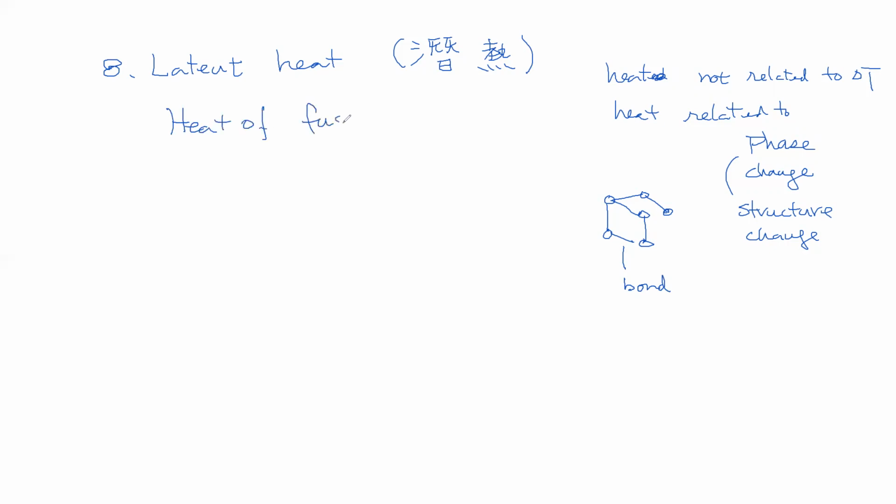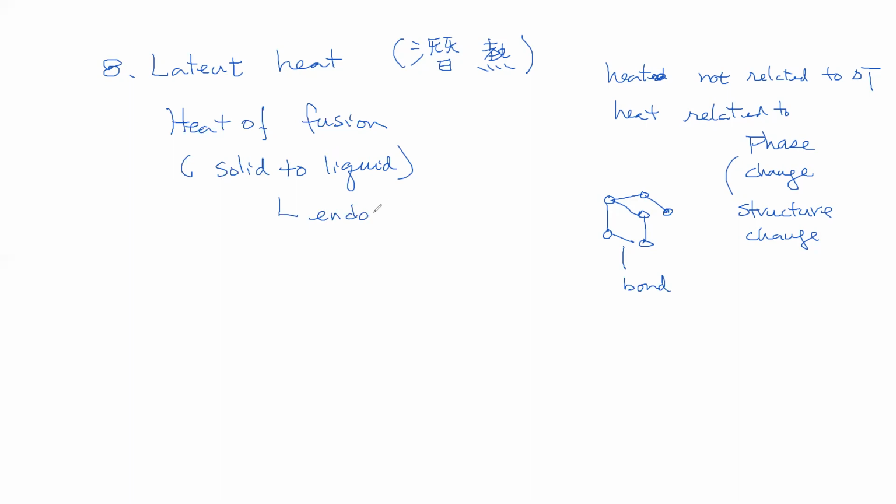Heat of fusion. So this is the heat needed to go from solid to liquid. Okay, so this will be different when you want to go from liquid to solid. From solid to liquid, you need to add, right? So this is solid to liquid. This one here is endothermic, right?